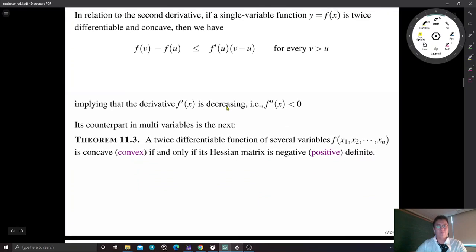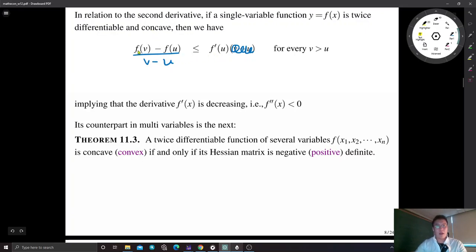The way to see that from this inequality is, let me divide both sides by v minus u, because v is a larger number than u. So dividing by v minus u does not reverse the inequality. So we still have this is smaller than f prime of u.